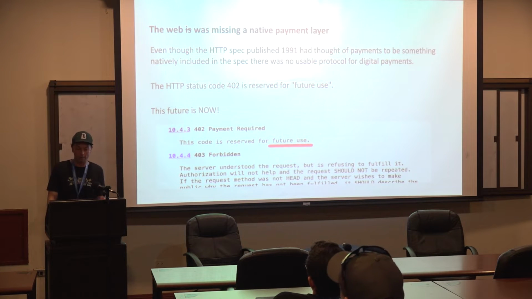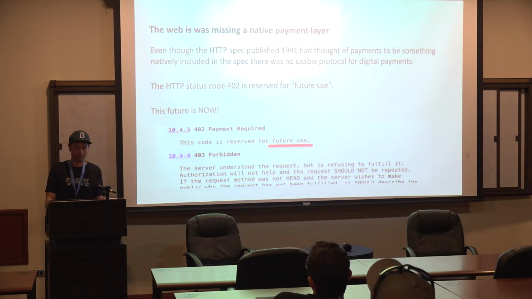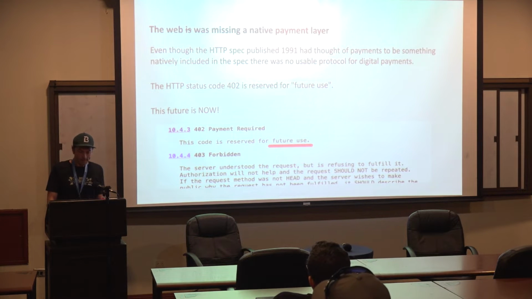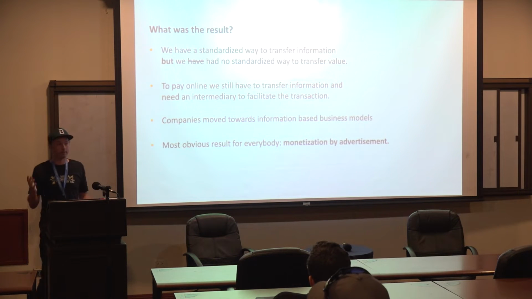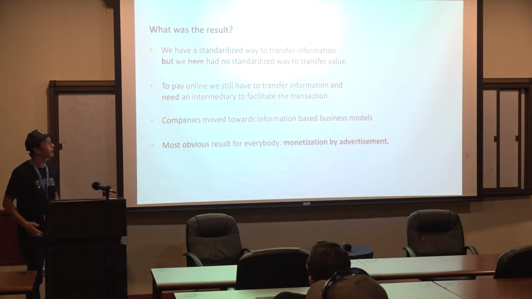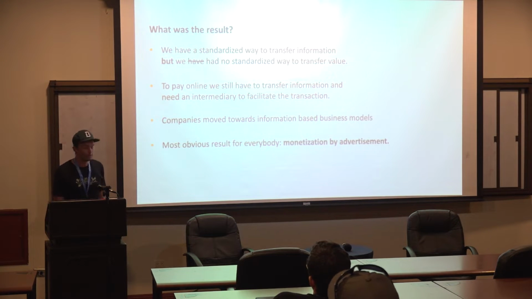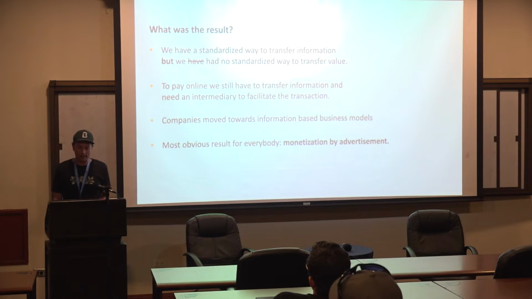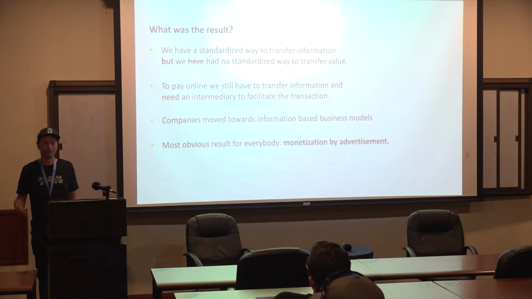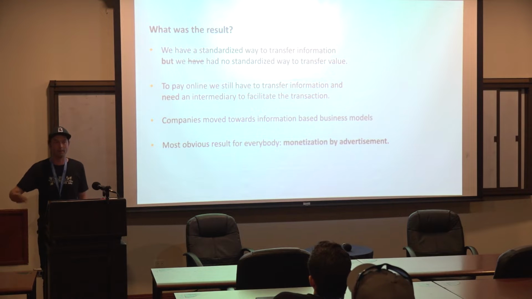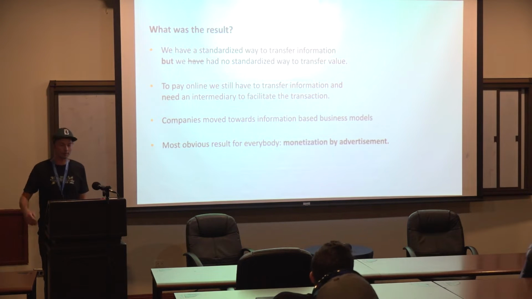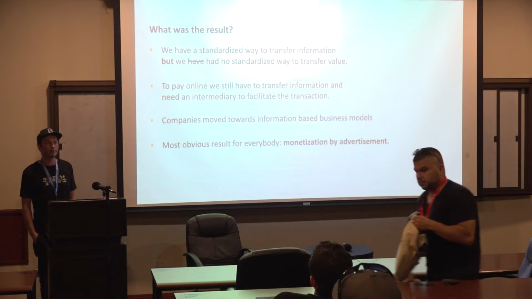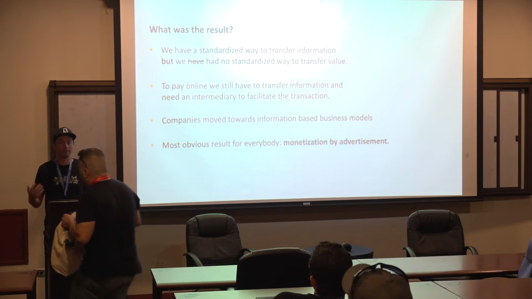It was only about exchanging information. With HTTP, we had a standardized way to transfer information, but not a standardized way to transfer value. To pay online, we have to transfer information, like a credit card number, or log in to PayPal, and we always need an intermediary to facilitate the transaction.